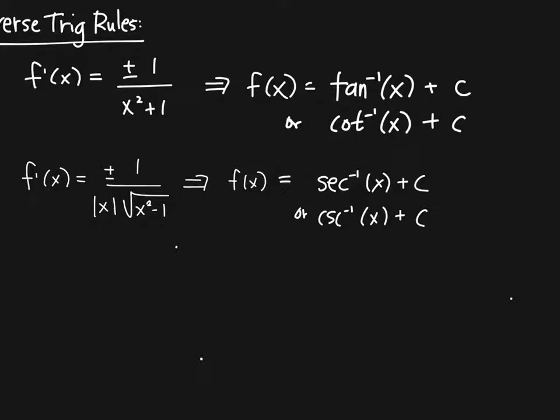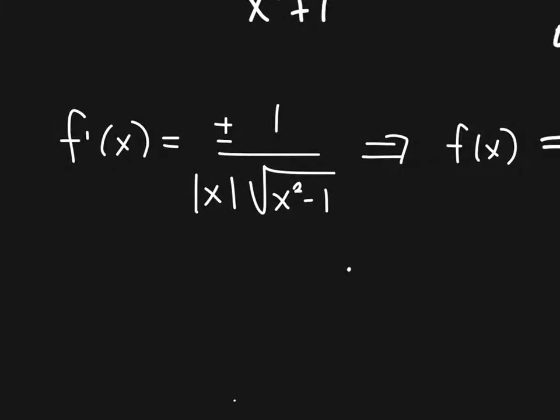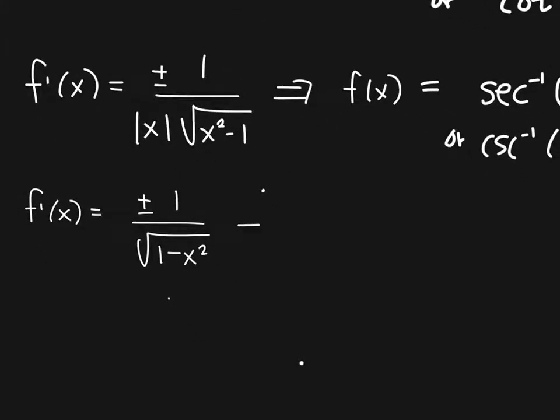All right, so what's the last set of inverse trig rules? Okay, plus or minus 1 over, what was the last one? Square root of 1 minus x squared. Very good. That was the other one. So it doesn't have the absolute value, and the subtraction is the reverse of that. So, Blake, then, what is the antiderivative? Inverse sine.